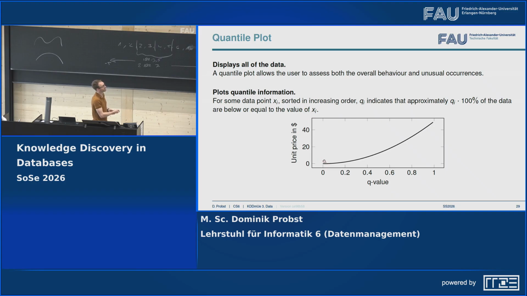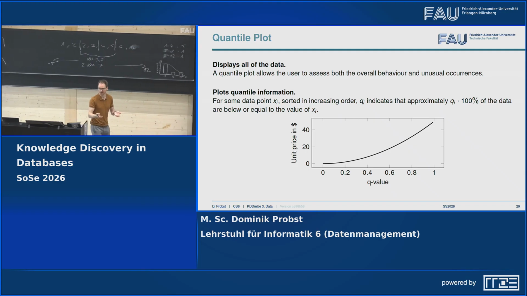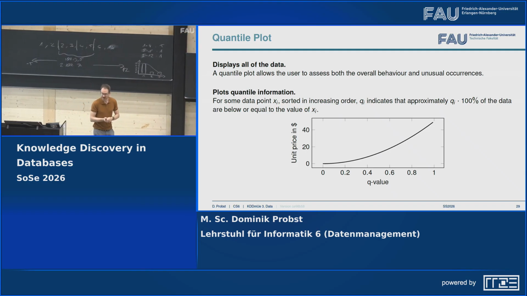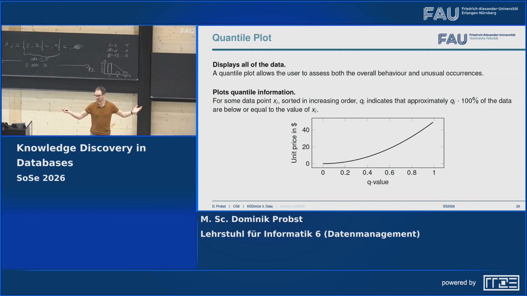Then we can see that at, let's go here, that's easier. The 20% quantile, Q value, says us that 20% of unit prices are below, let's say, $4.34. So 20% of values are at a price below $3.